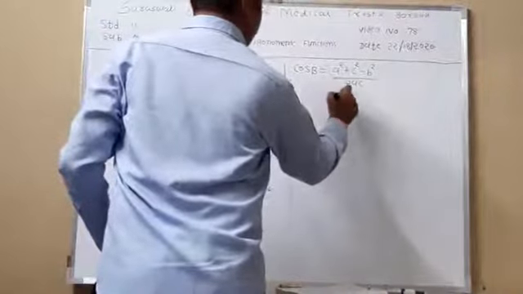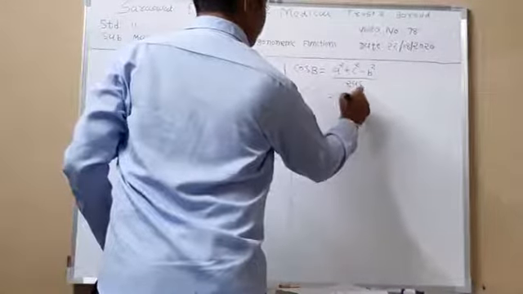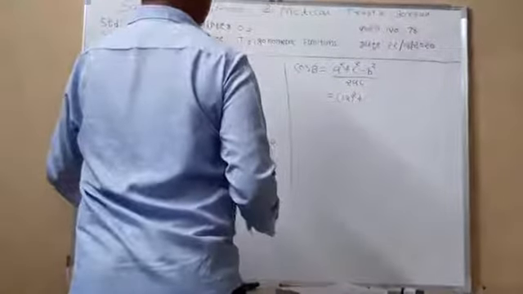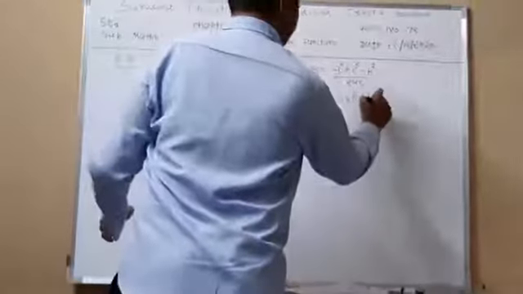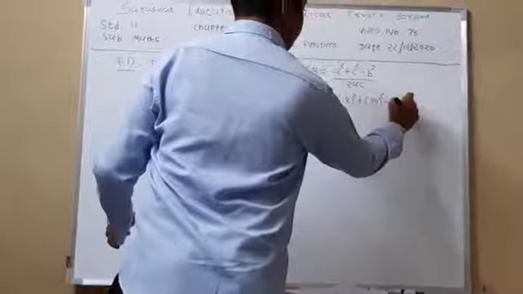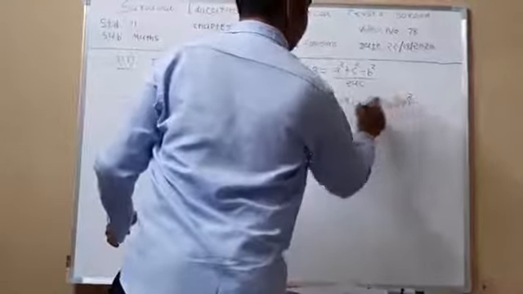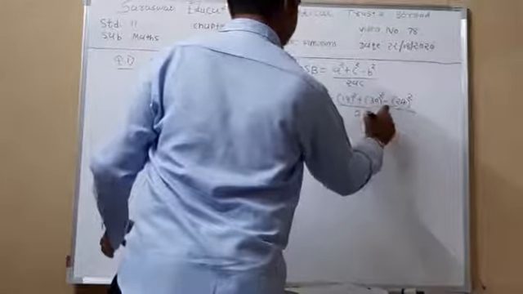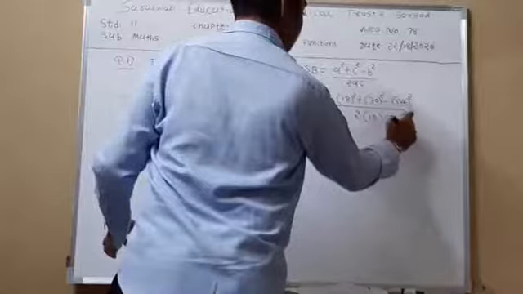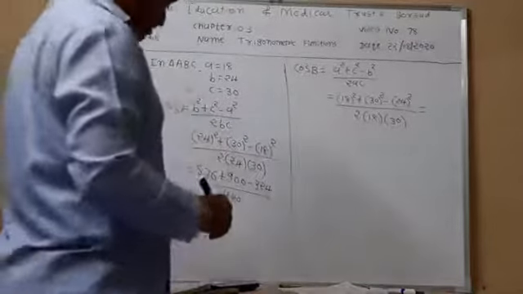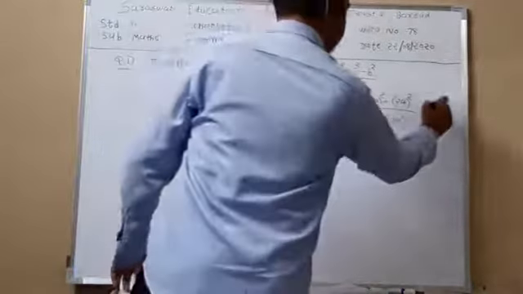So it is equal to, in place of a write 18 whole square, plus, in place of c write 30 whole square, minus, in place of b write 24 whole square, upon 2 times a, that means 18, and c, that means 30. Now simply using a calculator to simplify, we get the answer 3 upon 5.